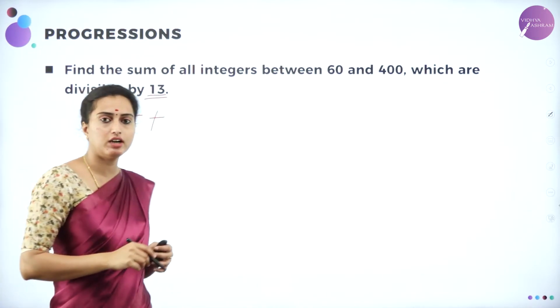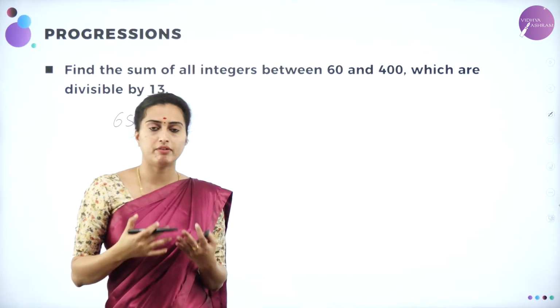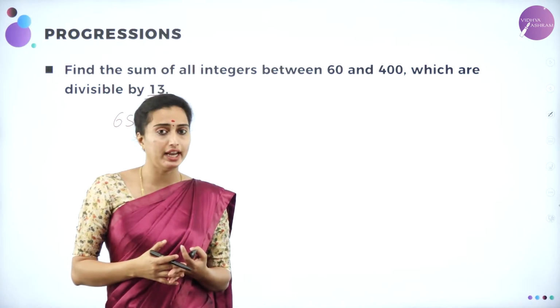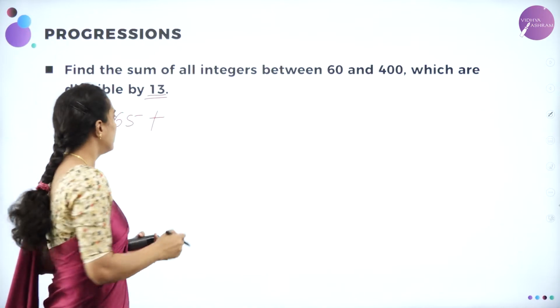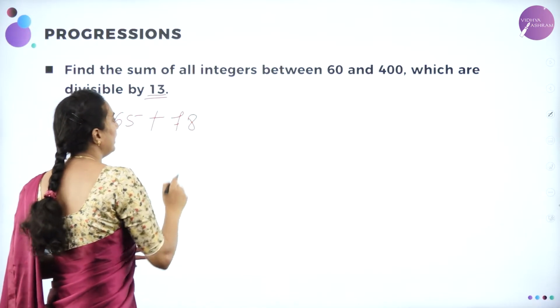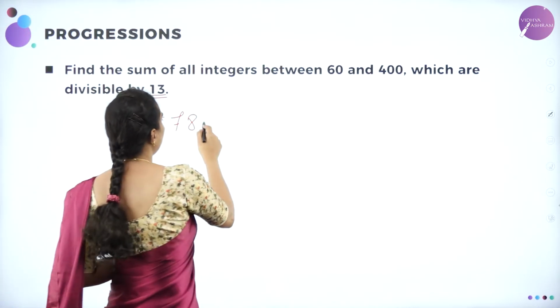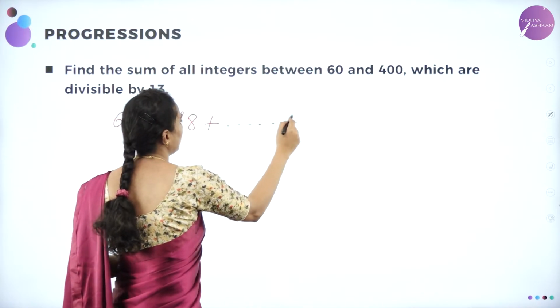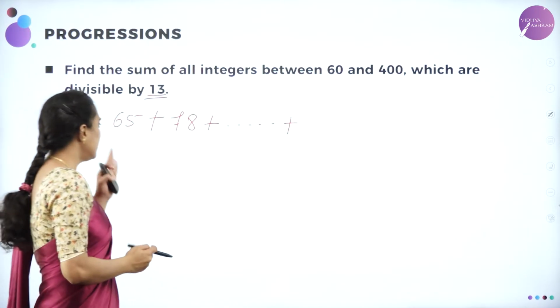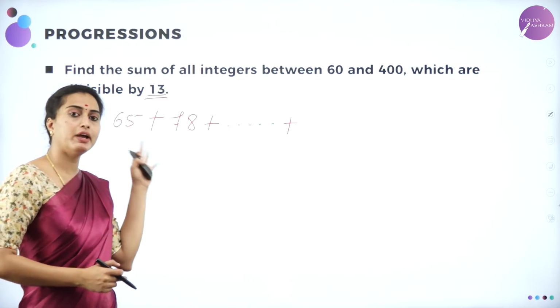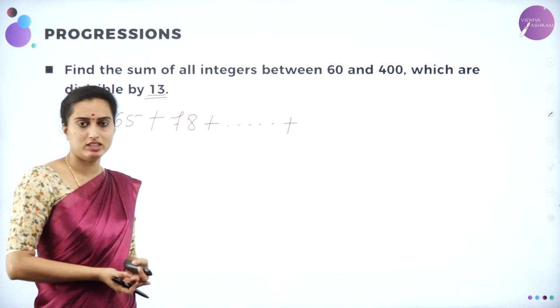Plus second term, 70 cannot be divisible, 75 cannot be divisible, 78 is divisible by 13. So we have 78, plus the next term. The difference here is 78 minus 65, which gives you 13 only.